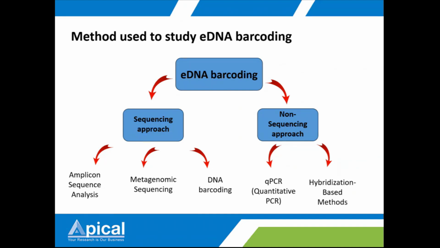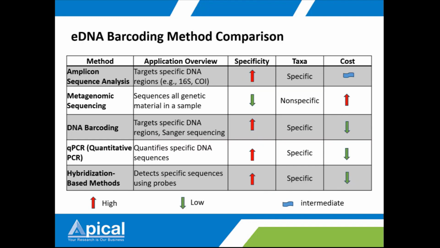The third is DNA barcoding using Sanger sequencing, which is a small scale approach. For the non-sequencing approach, we have qPCR and hybridization-based methods. So technically, there are these few methods we can use to study eDNA barcoding. Let's look into the comparison between these approaches.